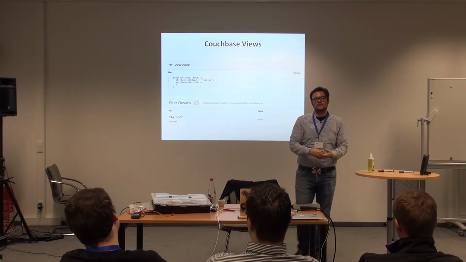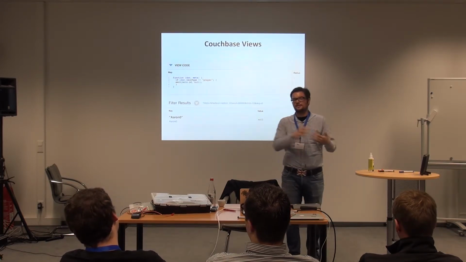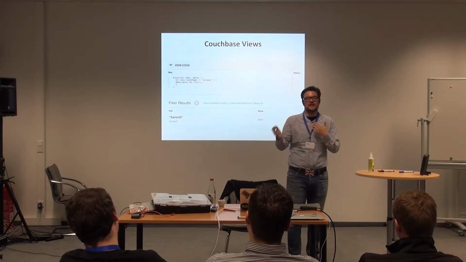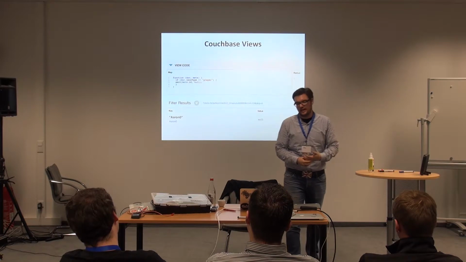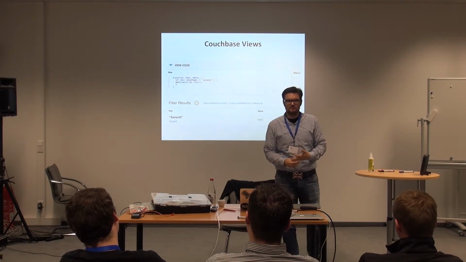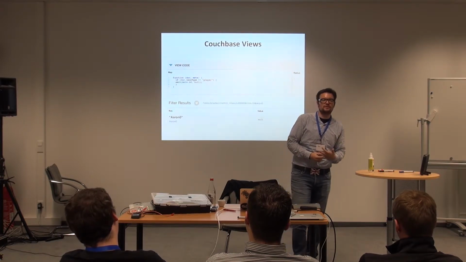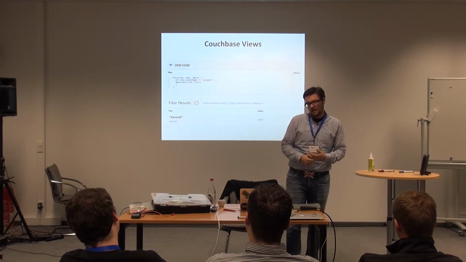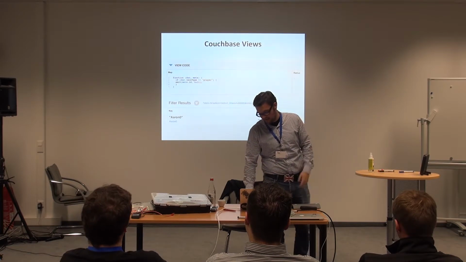We ported that over, and it's actually a lot of the same people who work on that. So we can expose the same API for views as CouchDB has. By now, most of it has actually been rewritten for speed reasons, but it's still compatible protocol-wise.